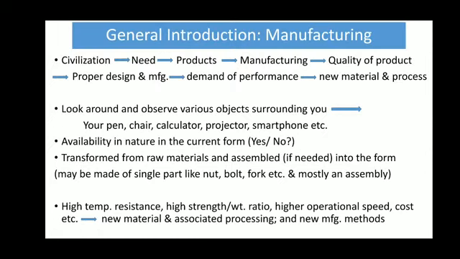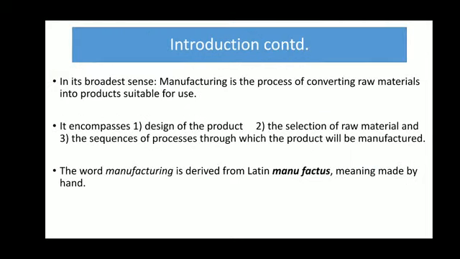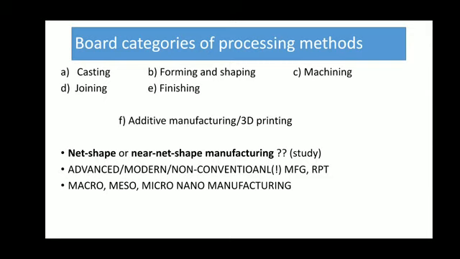So, the introduction about manufacturing: why we need this, and what the concept of manufacturing is. What does it encompass, where has it come from, and the broader categories of processing methods like casting, forming and shaping, machining, joining, finishing processes, or additive manufacturing or 3D printing.